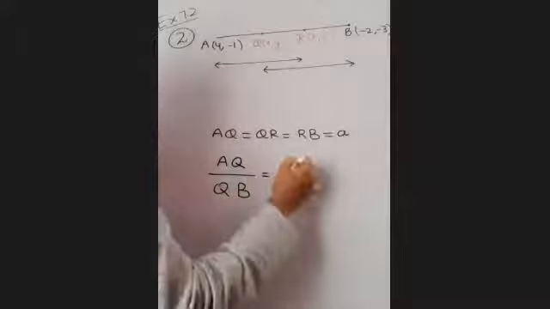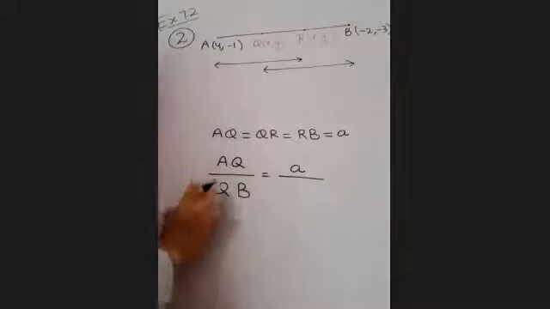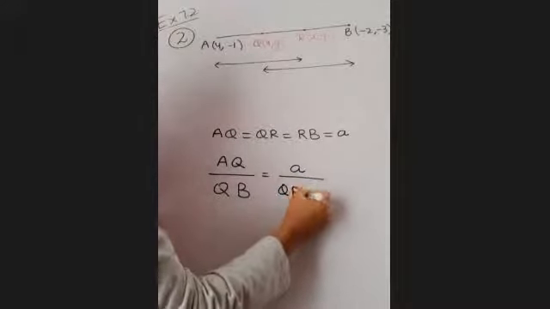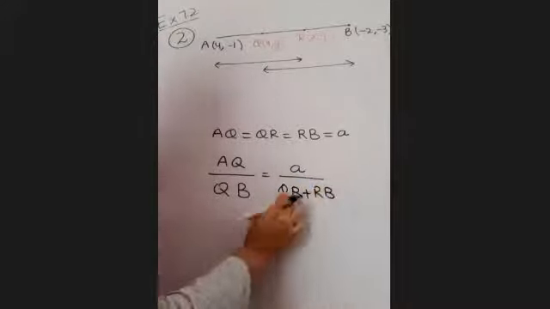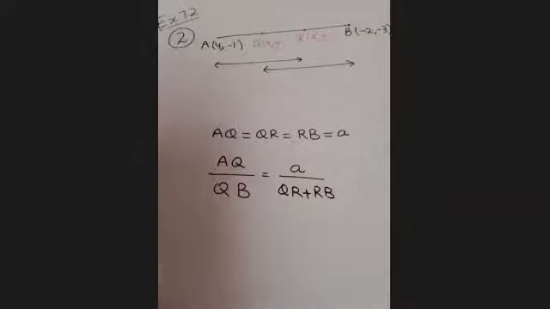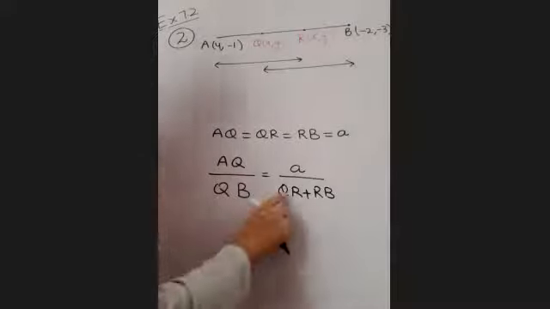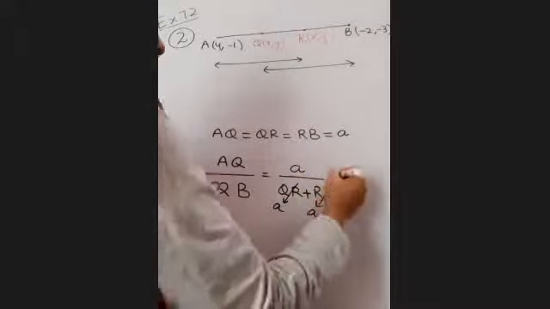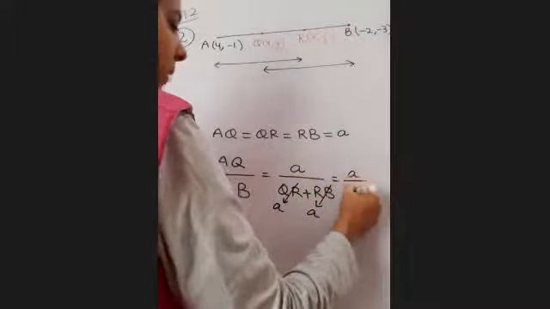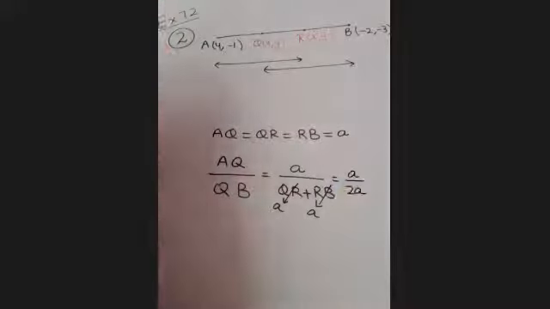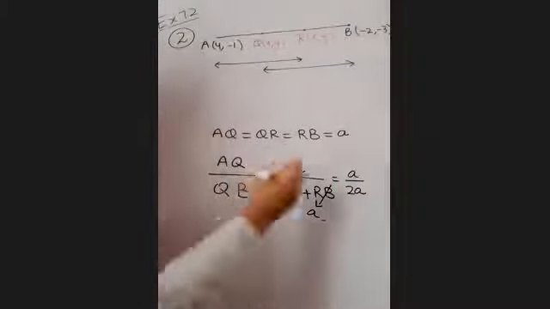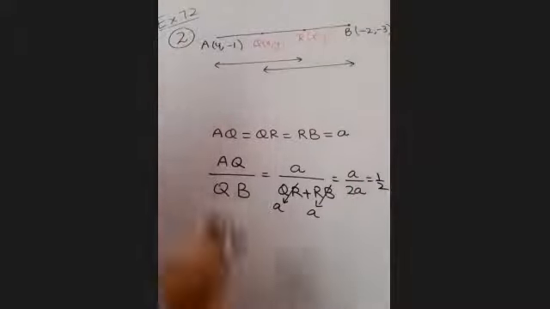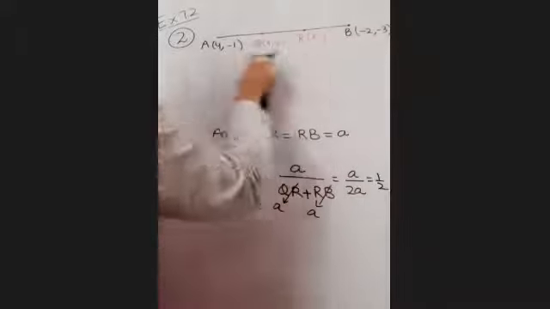AQ will be a, and QB can be written as QR plus RB, the sum of these 2 parts. Now QR is a, RB is also a. So it is a upon 2a, which means 1 upon 2.